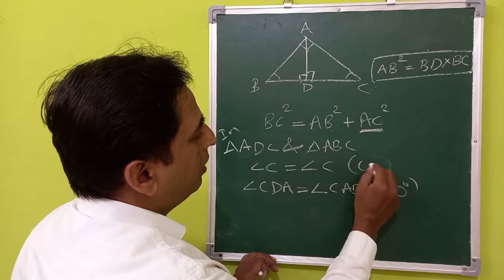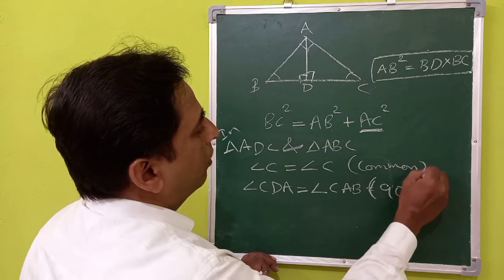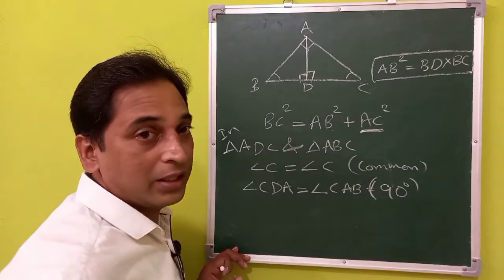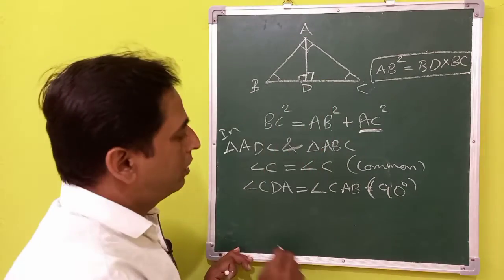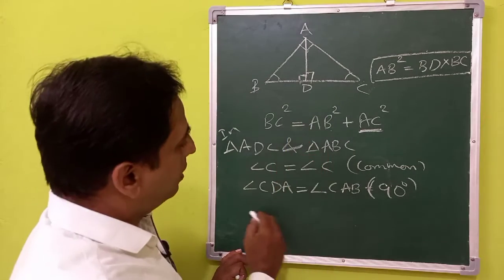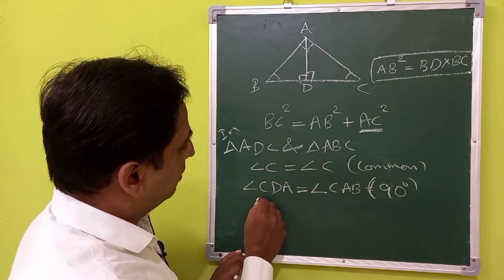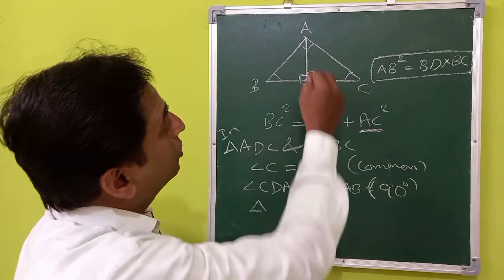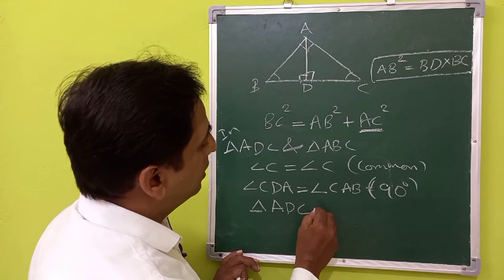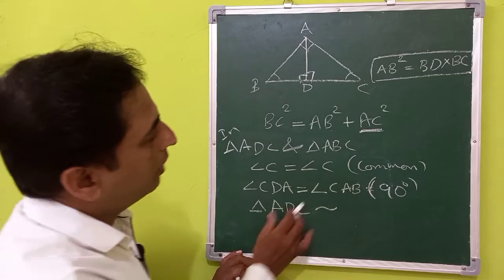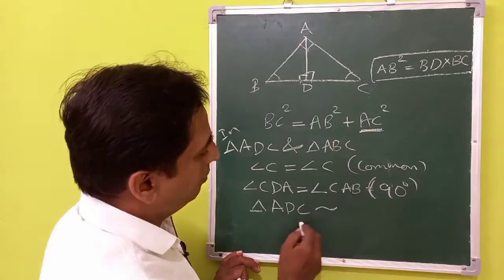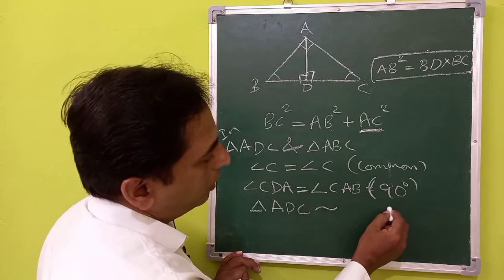So these are common, and we have got a 90-degree angle in both the triangles. So we have got two angles equal, and we can apply the AA similarity criterion and prove that triangle ADC is similar to the other triangle. Here again we have to use the correct order. Because C is the common angle, we put it at the last.